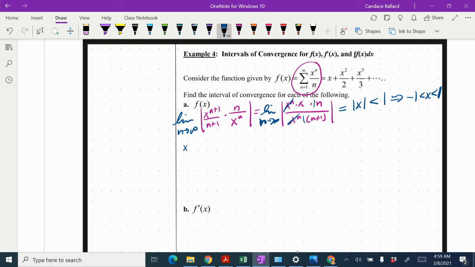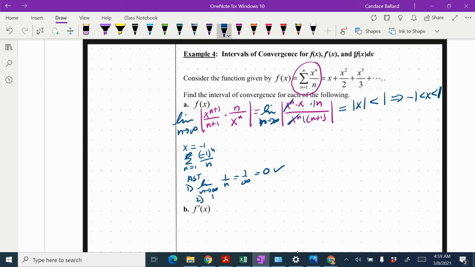So I'm going to say that x equals -1 first, and I'm going to plug that into my original function. So I'm looking at the sum as n equals 1 to infinity of -1 to the n over n, which means I'm going to use the alternating series test. So AST, I'm going to look at condition 1, which is going to say I need the limit as n approaches infinity of 1 over n, which we know is just 0, so it meets condition 1 of alternating series.